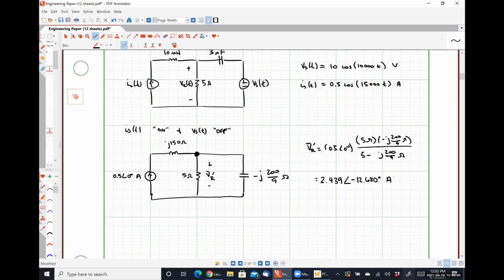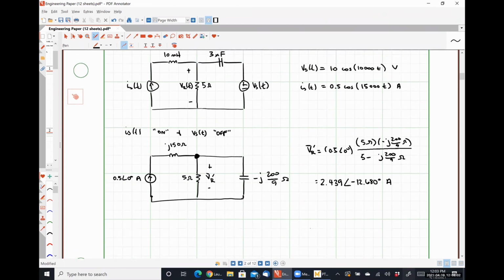But in general, particularly when we're looking at drops over capacitors, we can see larger voltage drops over capacitors than what we put in when we're doing voltage division and stuff like that. All right.